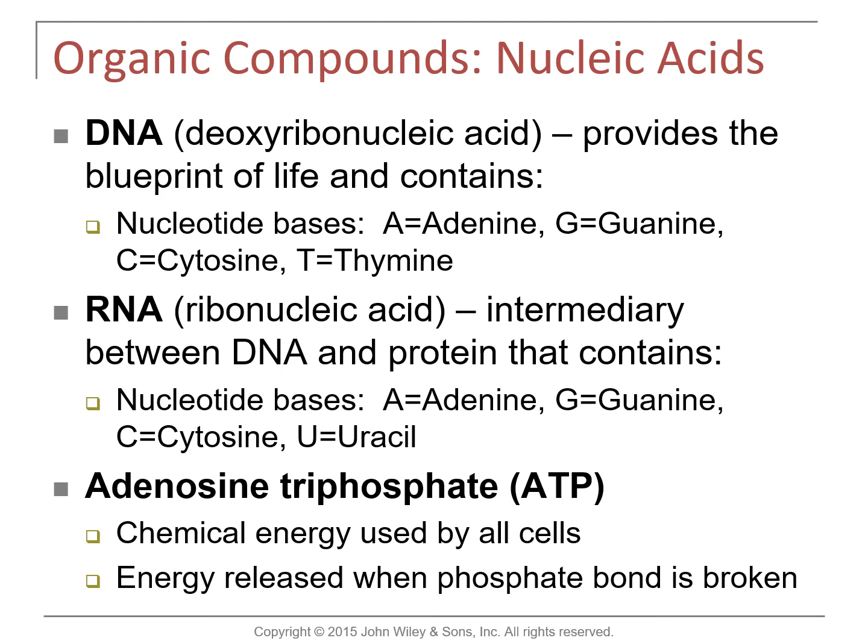Technically, adenosine triphosphate, or ATP, is also a nucleic acid because of its structure, but it is not involved in the coding for protein synthesis. ATP stores energy in the phosphate bonds, and that energy can be used to power reactions.